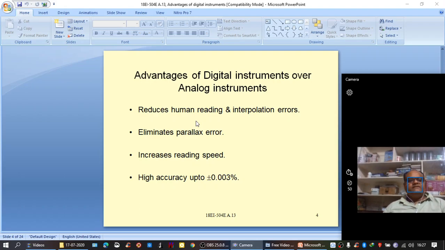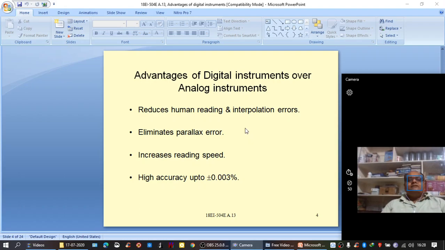Sometimes instead of six subdivisions, he may read seven subdivisions and calculate it to be 1.4 milliamperes instead of 1.2 milliamperes. So there is an error. This error is because of human reading. He is not able to identify the exact location towards which the pointer is indicating on the calibrated scale.